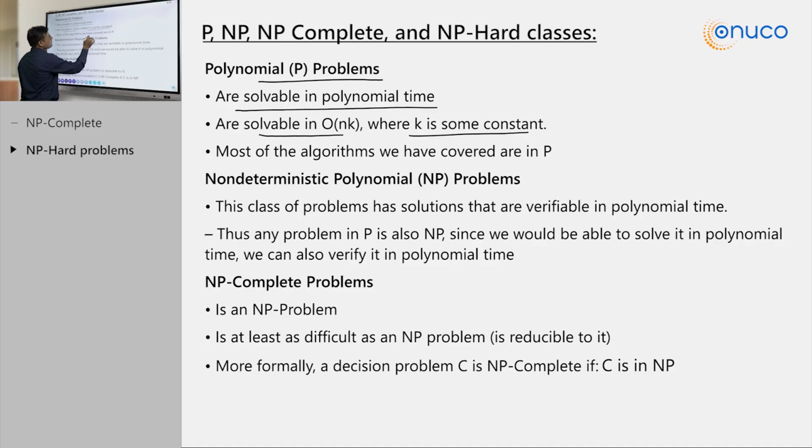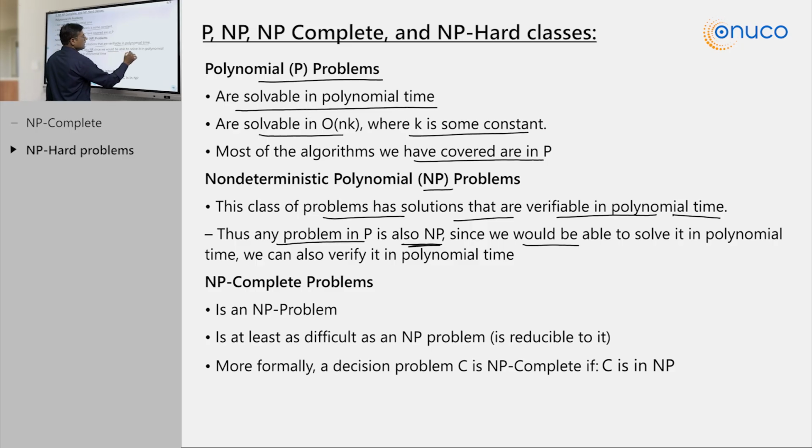Most of the algorithms we have covered are in P. Non-deterministic polynomial NP problems, this class of problems has solutions that are verifiable, meaning we can do verification in polynomial time. Thus any problem in P is also in NP. I repeat, any problem in P is also in NP, since we would be able to solve it in polynomial time and we can also verify it in polynomial time.